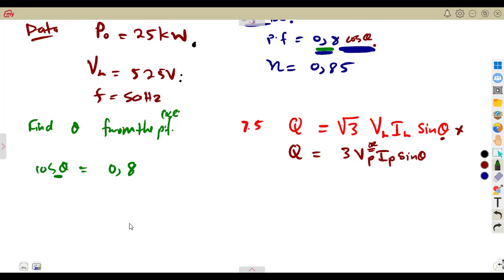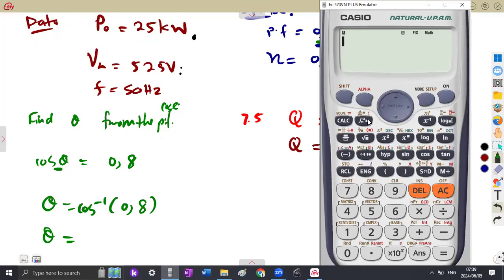In this case, from our trigonometry, how do you write cos on the other side? It will be arc cos of 0.8. Remember from your mathematics, that is arc cos 0.8 to represent the angle. So this is your calculation, shift cos, that is arc cos of 0.8.